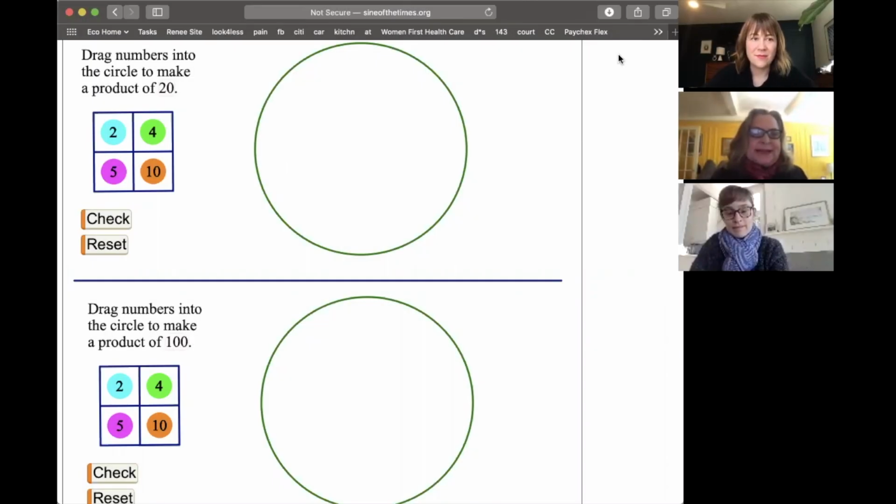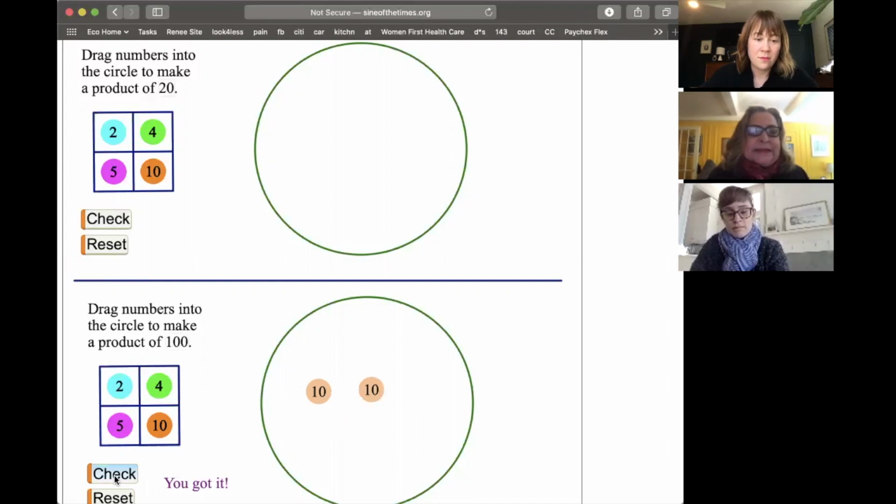You might have noticed that this game board is set up in a way where you're comparing two quantities, 20 and 100. There's a specific relationship between 20 and 100. That is, 100 is 5 times greater than 20, or 20 is a fifth of 100. These are important relationships that students need to build. If they are fluent with the factors that make 20, how could they use that knowledge to help them build 100? One strategy a child might easily say is, I know 10 times 10 is 100. Now, what if I wanted to make 100 with 3 factors?